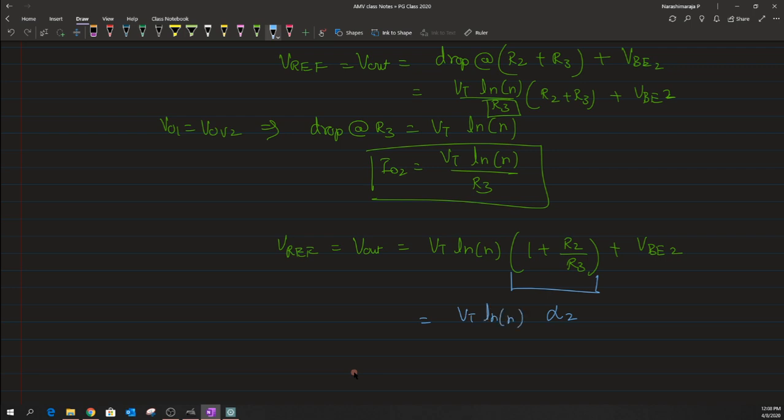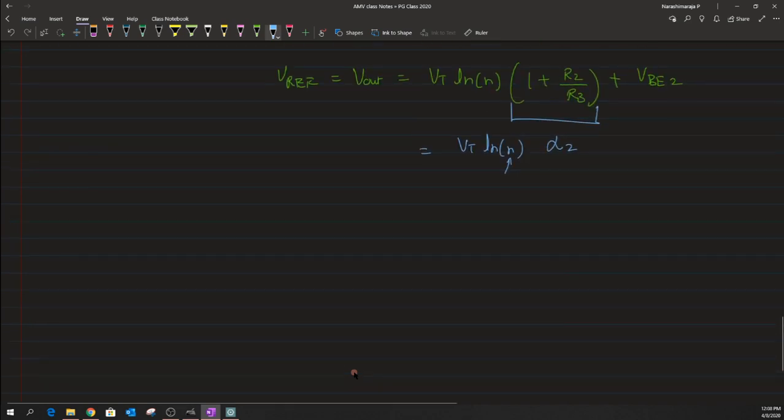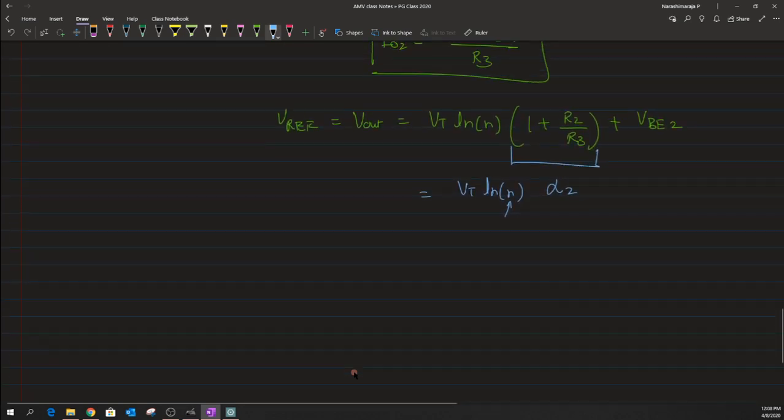Due to a value of alpha 2 that is greater than the value of 1, the requirement imposed on this factor of N will also step down. So in a way, rather than imposing this ln of N to have a value of 17.24, I am just imposing the constraint on the combination of alpha 2 times ln of N to have this 17.24.